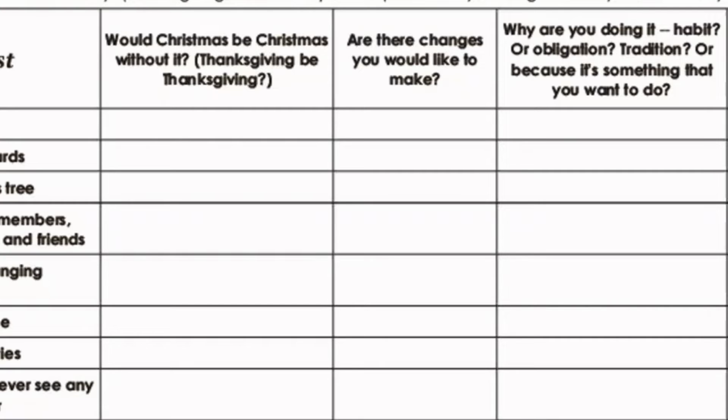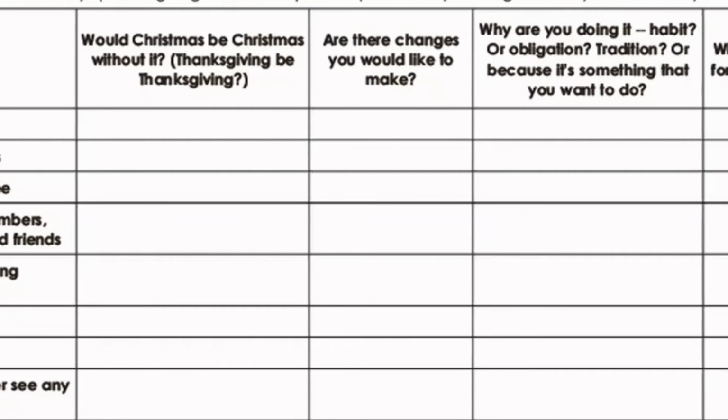For example, if you don't feel like decorating, like Amanda suggested, maybe you could have family members come in and help you. The grid basically is a snapshot of all the things for preparation that go into the holidays, in a way to really drill down to what's important for you this holiday. Let's take a look at the next grid.